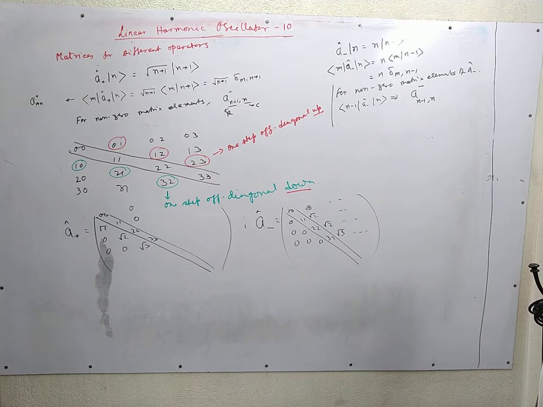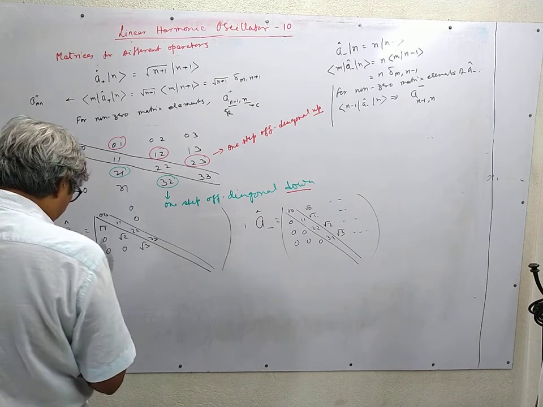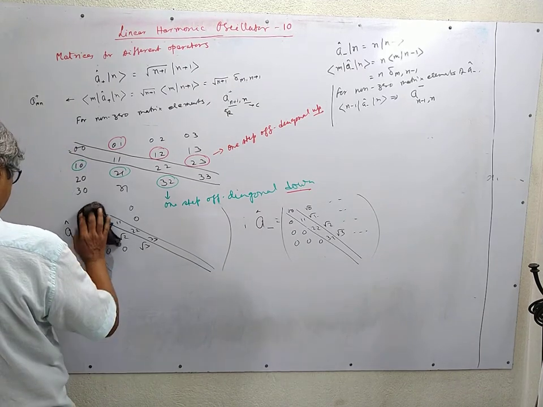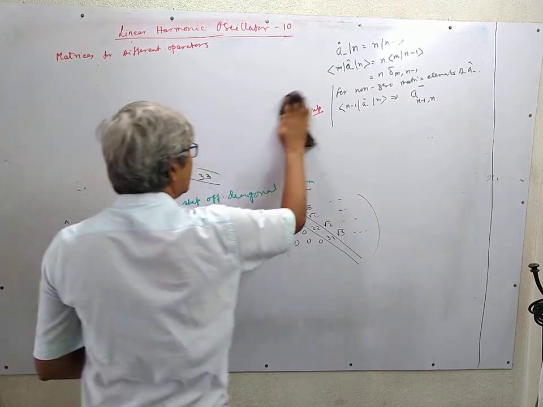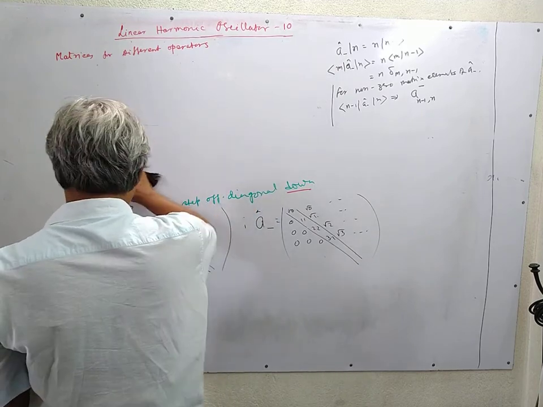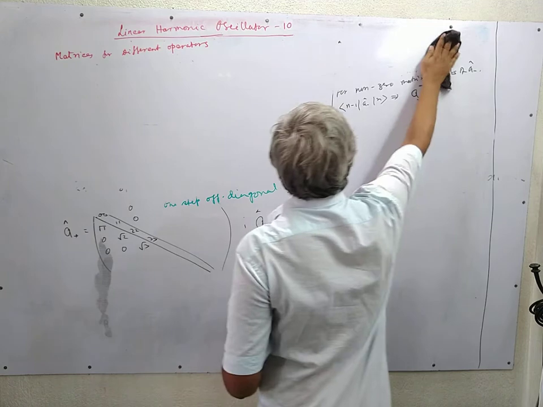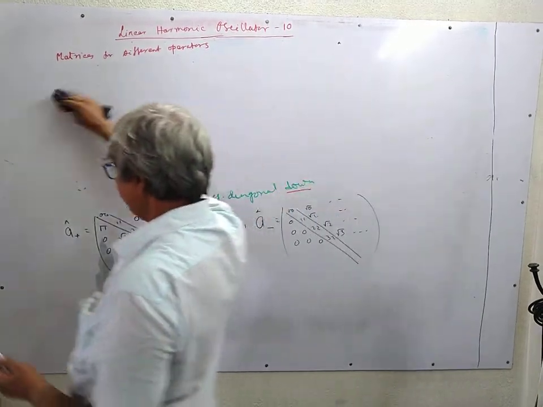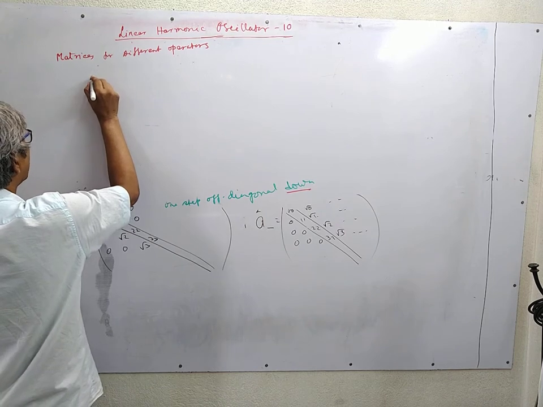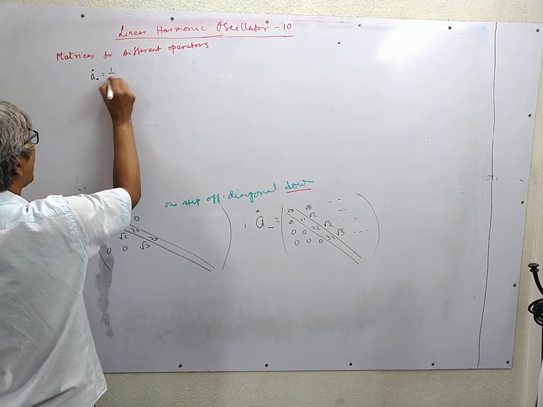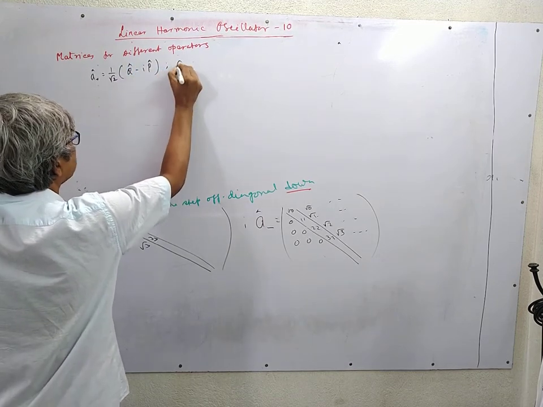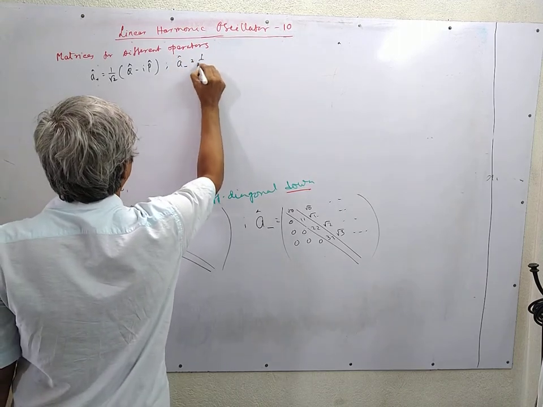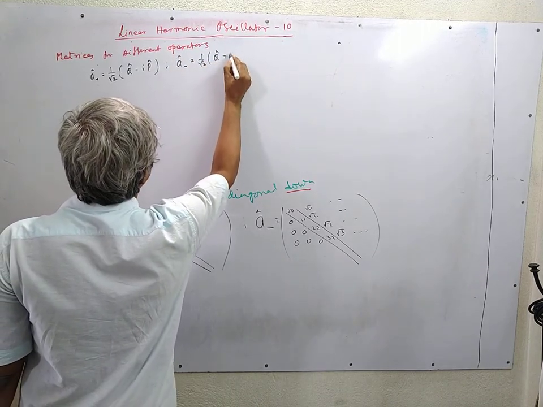With this knowledge of A plus and A minus, now we shall go to the very important matrices, that is the matrix for X and P. We shall require these two relations. We know that A plus is 1 upon root 2 times Q minus IP, and A minus is equal to 1 upon root 2 times Q plus IP.